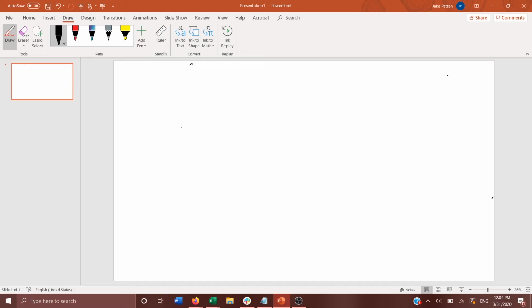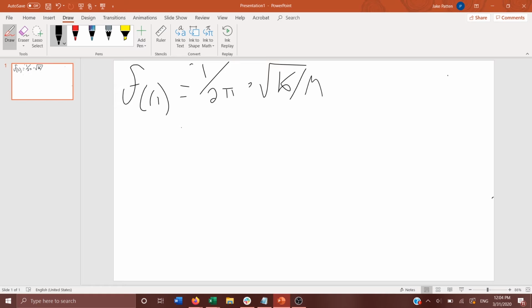So the shortcut: FR1 equals 1 over 2 pi times the square root of K over M. And now we want to increase K by a factor of 9, not just by 9. So we're multiplying K by 9.